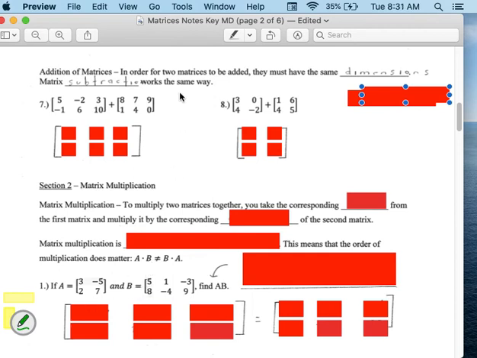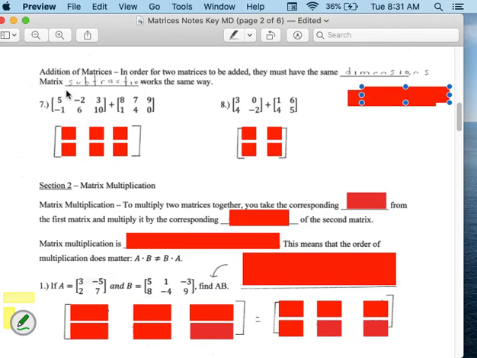So if you want to write that off to the side, order does not matter for addition. Order does matter for subtraction, just like with regular numbers. It's very straightforward, just like the distributive property or scalar multiplication was straightforward.